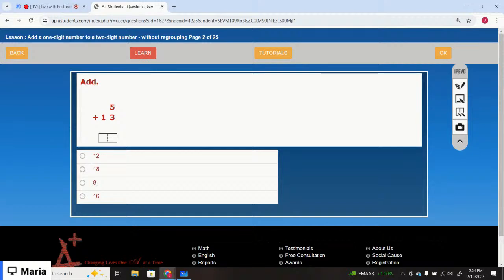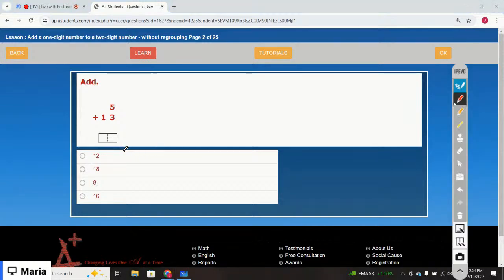15 plus 3. Start adding the digits that are at the ones position. 5 and 3 makes 8. So you have 8 and you bring the tens as it is because you do not have any digit right there. So that is 15 plus 3 is 18.